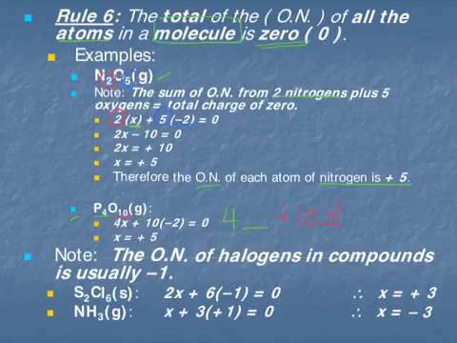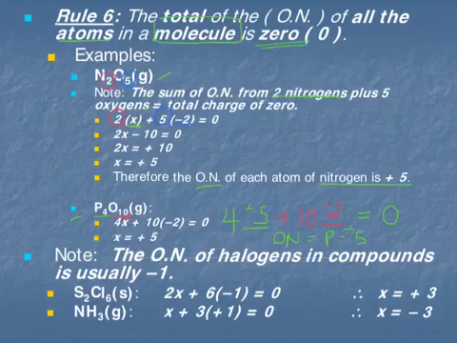And we know that at the end of the day, all of the oxidation numbers have to add up to 0. So what could possibly go into this blank? The only integer that can satisfy this equation is positive 5. So therefore the oxidation number for phosphorus is positive 5.